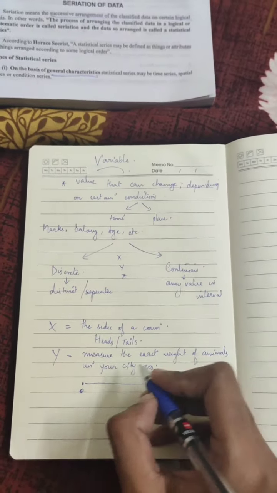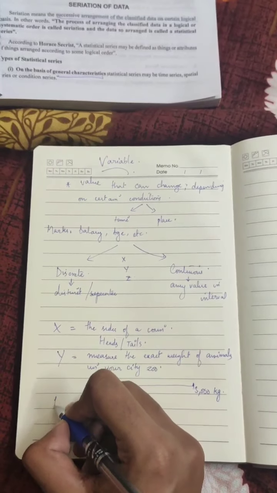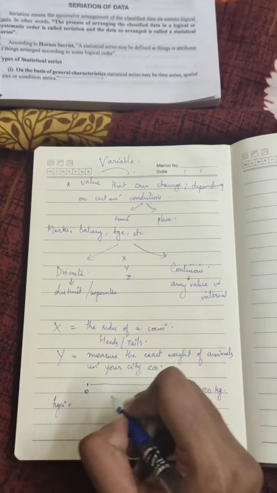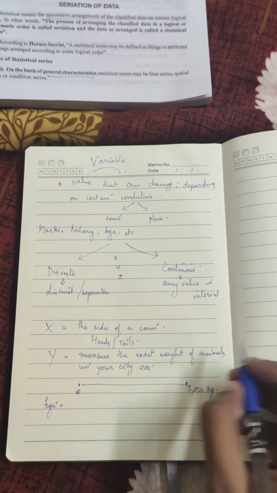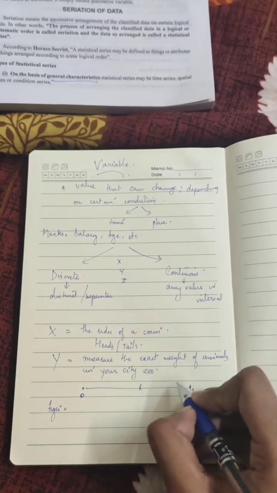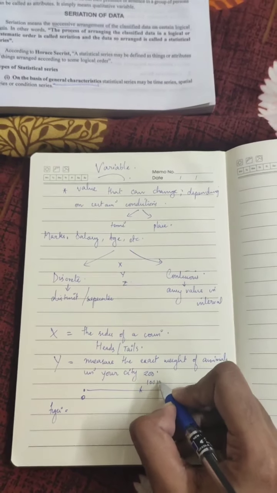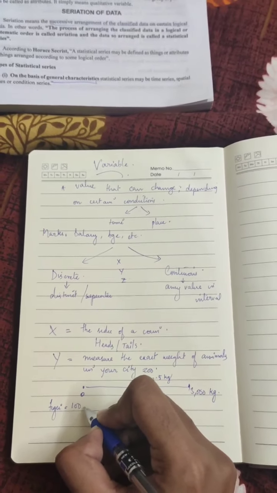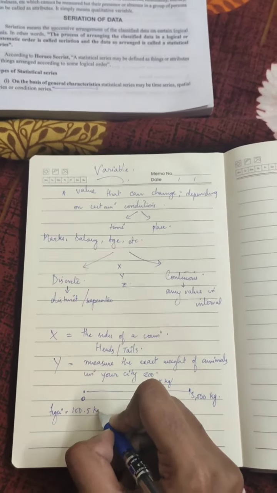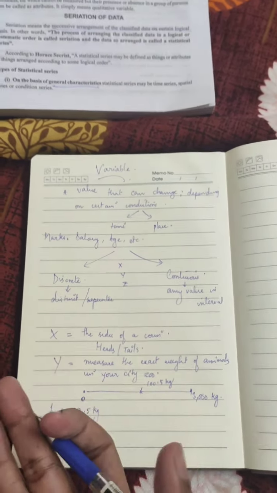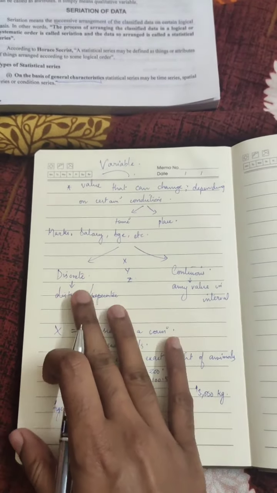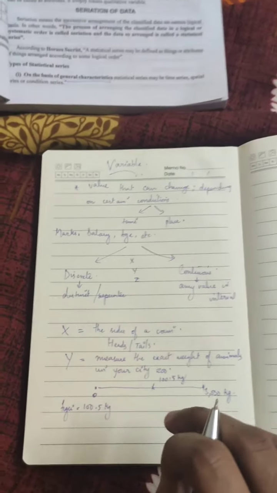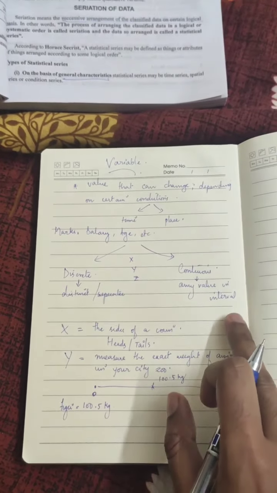Say for example you are measuring the weight of a tiger and you get somewhere around 100.5 kilograms. You might say that 100.5 is an exact amount and it could be a discrete variable. Why is it called a continuous variable?